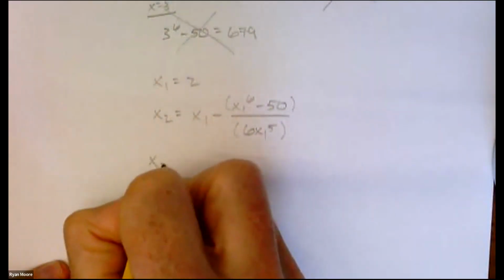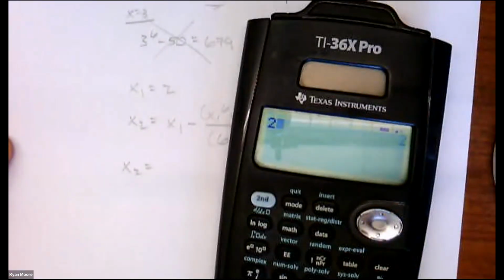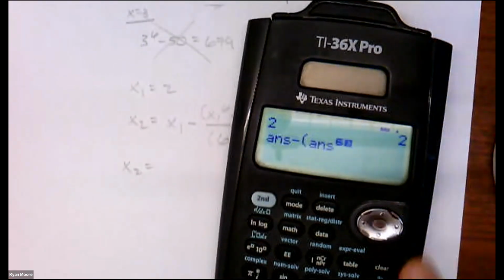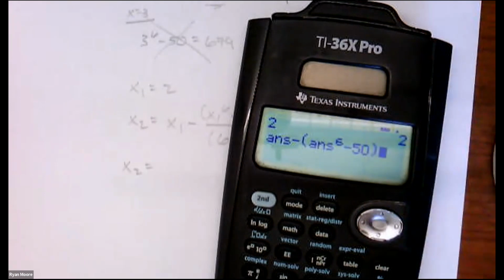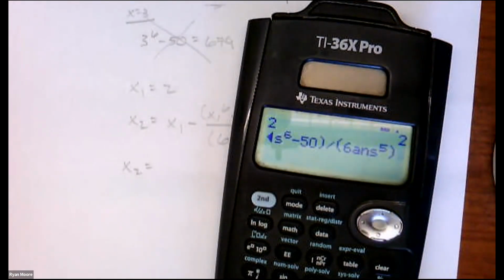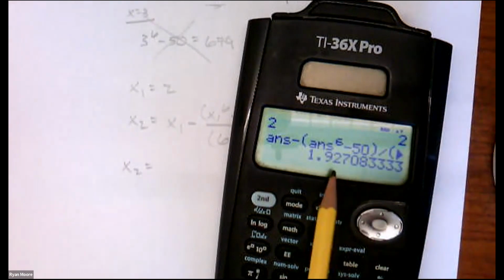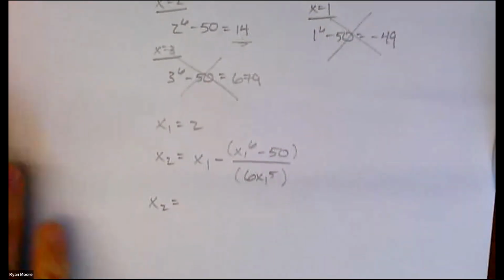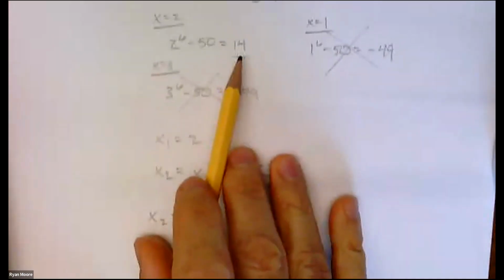What would that give us? Going over here, 2, enter. Now I'll go answer minus parentheses, answer to the 6th minus 50, divided by 6, answer to the 5th. Okay, it's a number pretty close to 2, a little bit less than 2, which makes sense based on what we found up here.